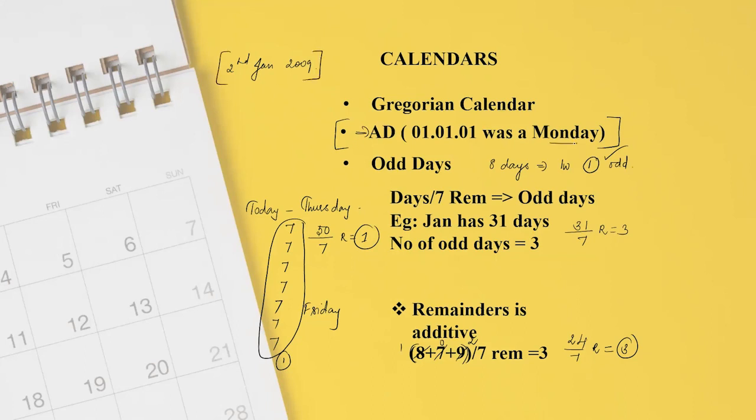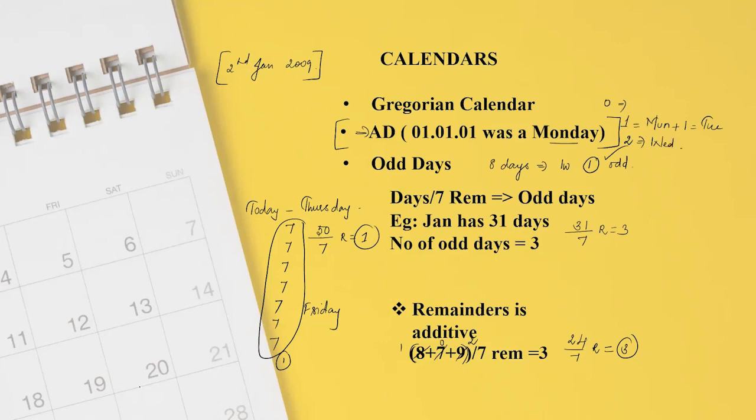If the number of odd days is 0, what does it mean? Exactly X number of weeks are passing, which means the day will repeat itself. It's going to be a Monday. If there's one odd day, then it's going to be Monday plus 1, Tuesday. If it's 2, then it's going to be a Wednesday.